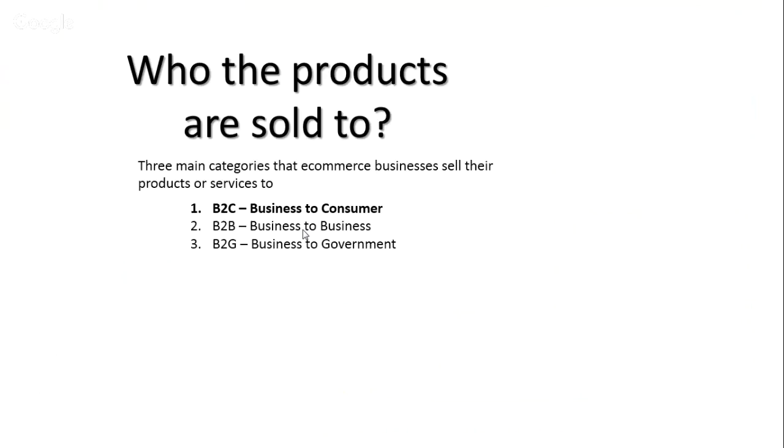That means I am the business and the customers are consumers who buy in retail. They probably will not buy in bulk; they will probably buy one or two items in a retail model. That's basically the B2C model, and that is the model which will be selling our product.